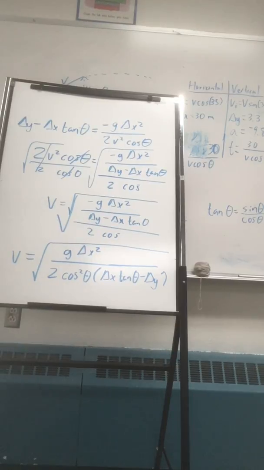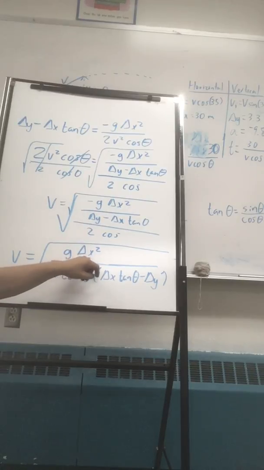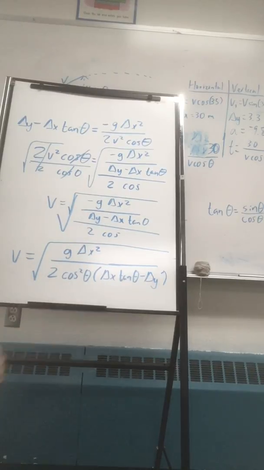So to recap, g is my gravity, change of x is the horizontal distance they gave me in the problem, 2 cosine the angle which they gave me in the problem. So I know this number, I know that number because they gave me the problem. Change of x, I know that number.